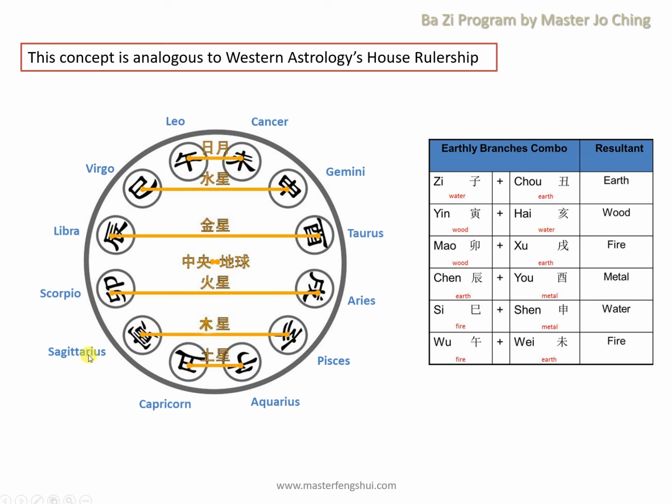Pisces and Sagittarius, these two signs are actually ruled by the planet Jupiter. So Jupiter, in ancient Chinese, is called 木星, the planet of wood. Then 卯戌, in English, is ruled by Scorpio and Aries, whose ruling planet is Mars.